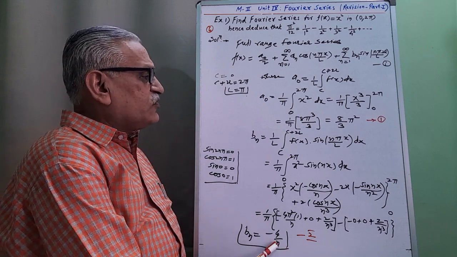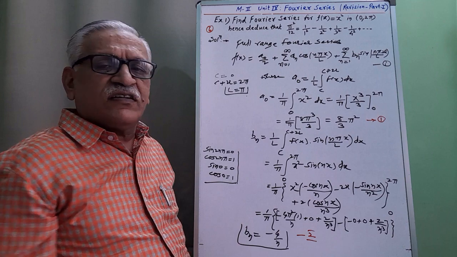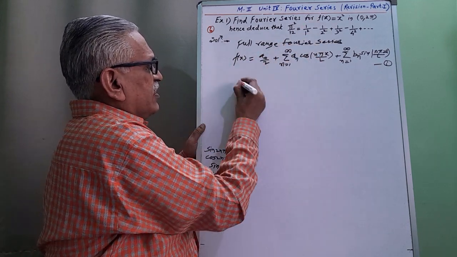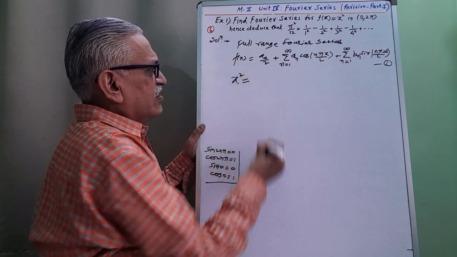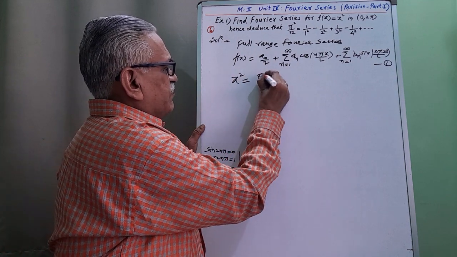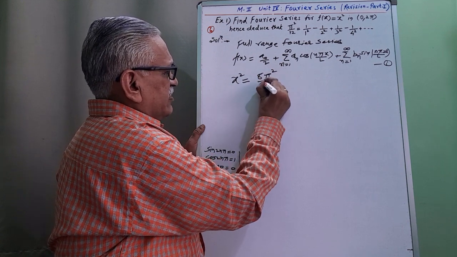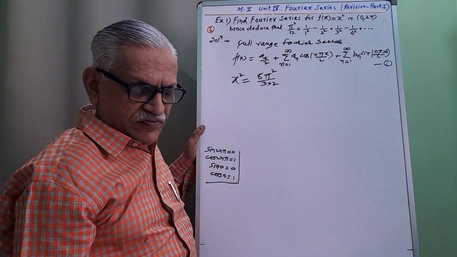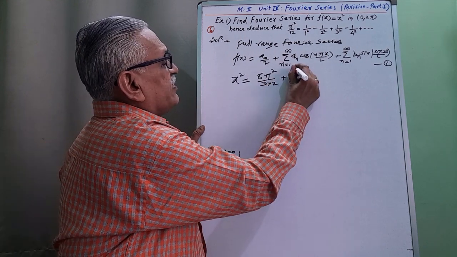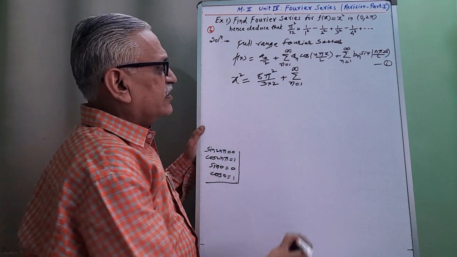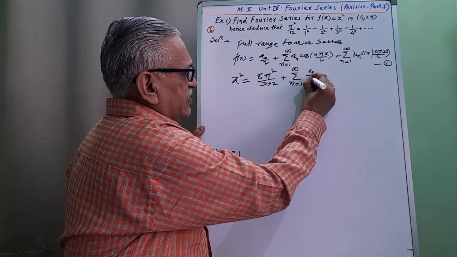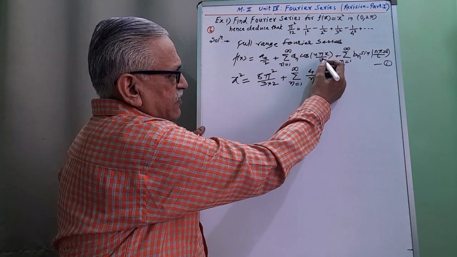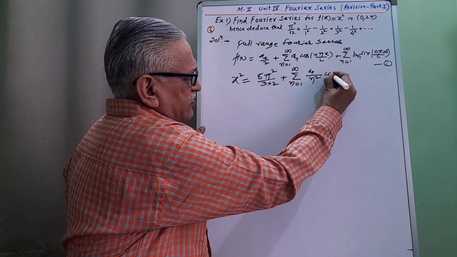Then substituting all these values in equation number 1, f of x is x square, a0 is 8 pi square by 3 divided by 2. Summation from 1 to infinity, the value of an is 4 by n square, cos n pi x by pi, pi gets cancelled, we get cos of nx only.